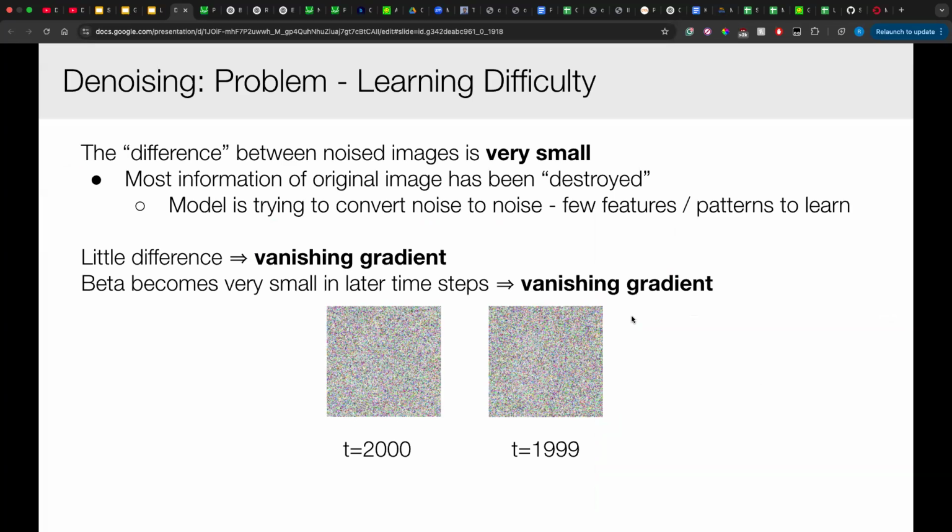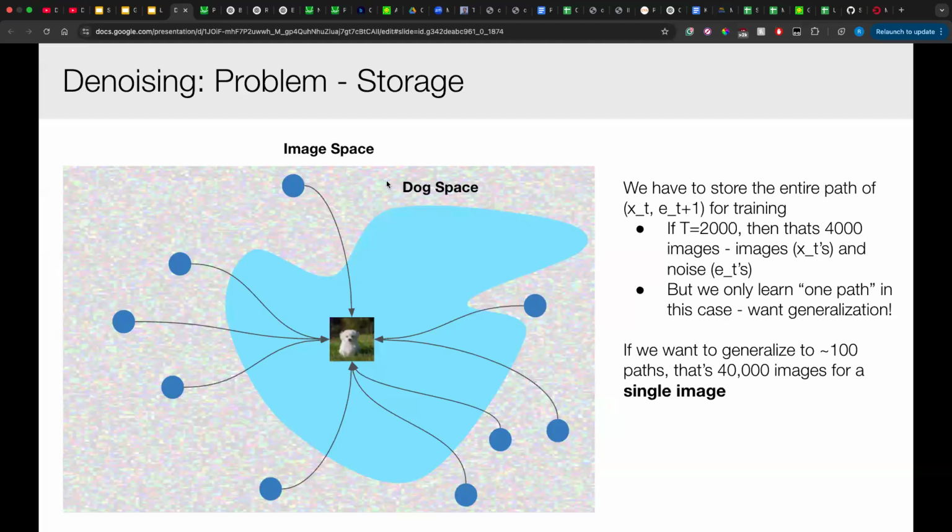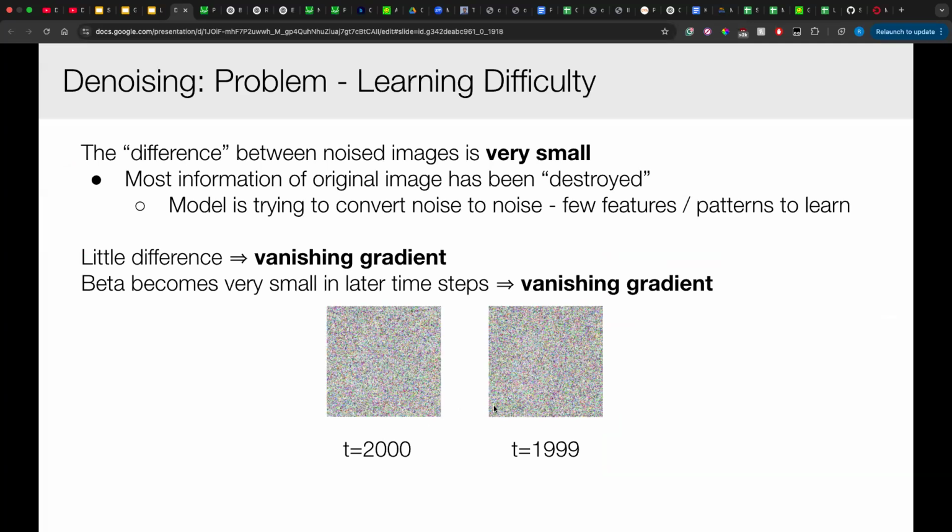Another, more fundamental issue is that when you're floating out here in noise space and you try to make a small increment from x of t to x of t minus one, you've made a small jump, but your image still pretty much looks like noise. The difference between one time step when you're pretty much at noise and slightly denoised has pretty much no features to learn.